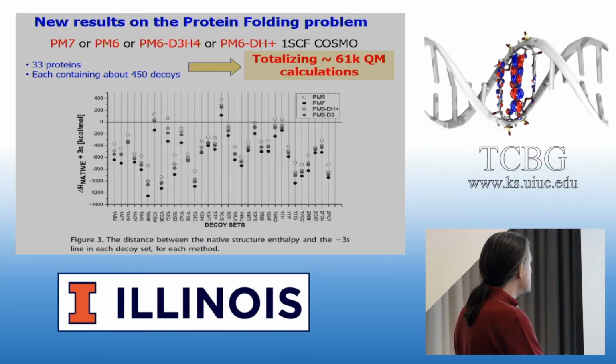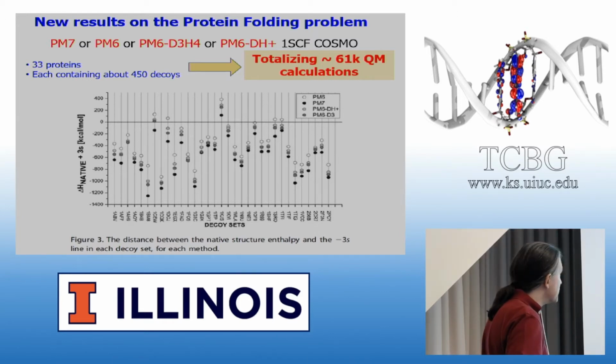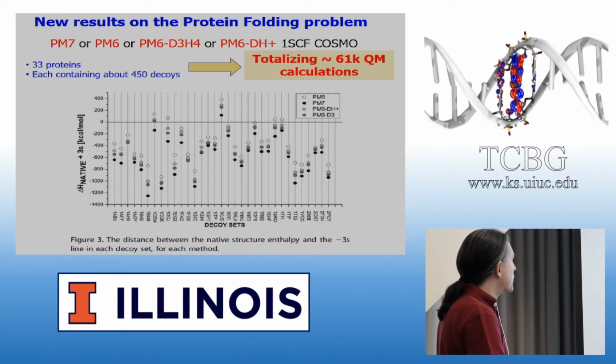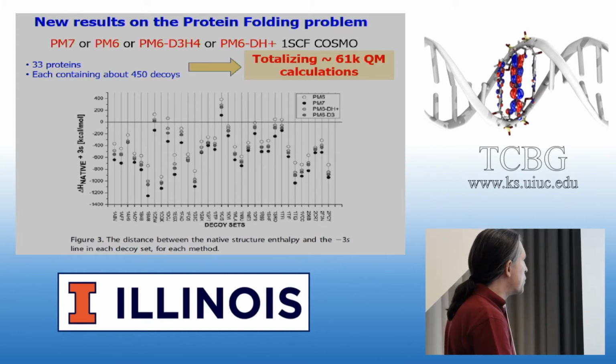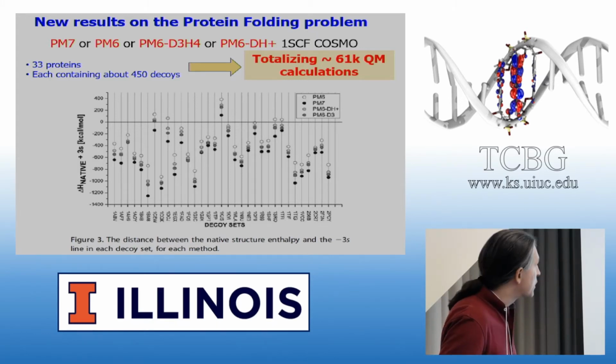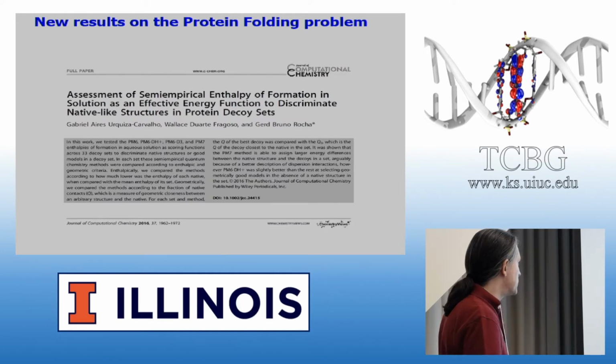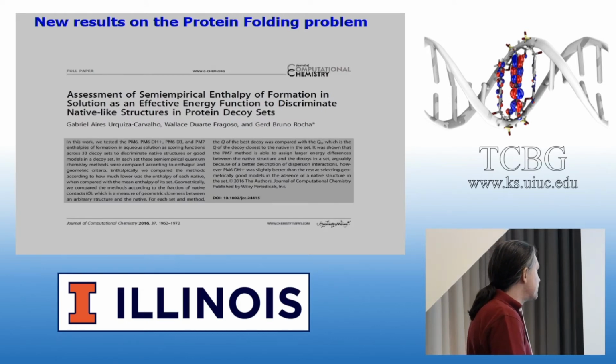There are 33 proteins, each containing about 500 decoys, which totals around 61,000 QM calculations. These results were published in a paper in 2016.